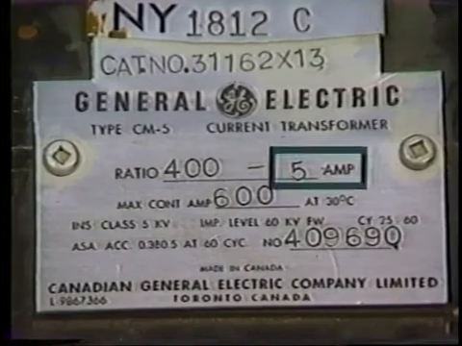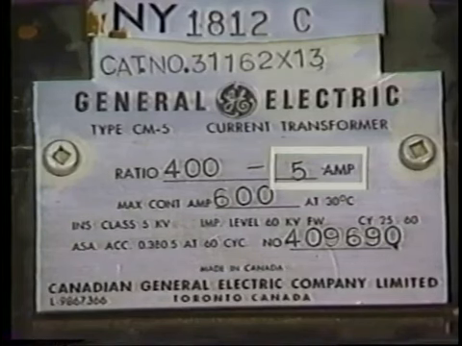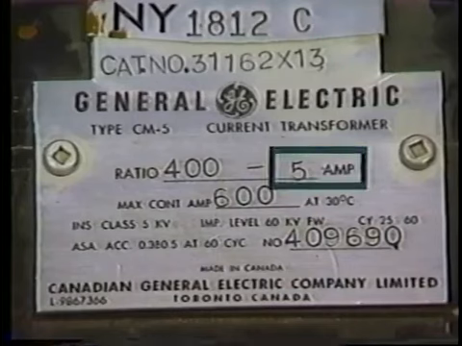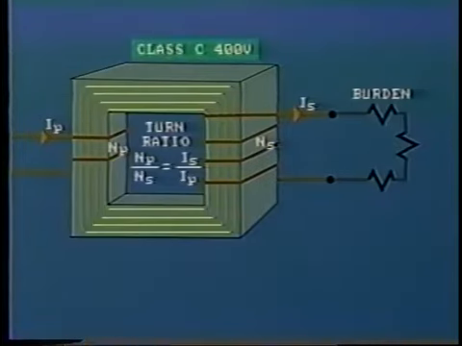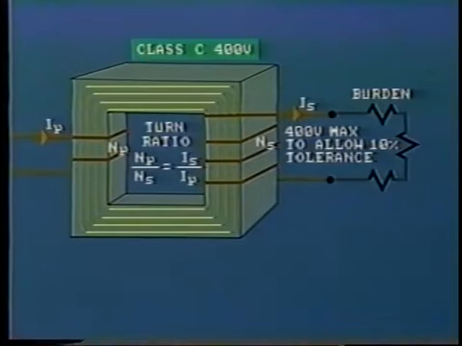Remember, rated current on the secondary is normally 5 amps. We need to remember this when interpreting the standard classifications. You'll often see, for example, a CT marked Class C 400V. The 400V refers to the allowable volt drop across the burden to keep within the 10% tolerance.